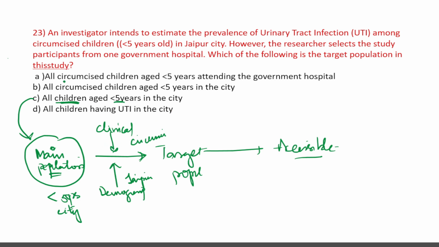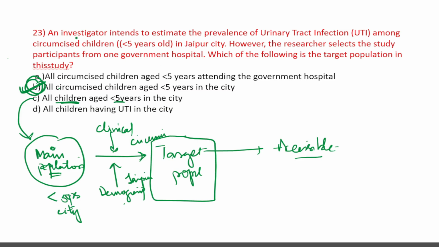Clinical is circumcision, and then demography is Jaipur. So what is the answer for our question to get to the target population? Out of all the children of less than 5 years of age in the city, the circumcised children less than 5 years of age in the city is the target population. So that means option number B is the answer for our question.